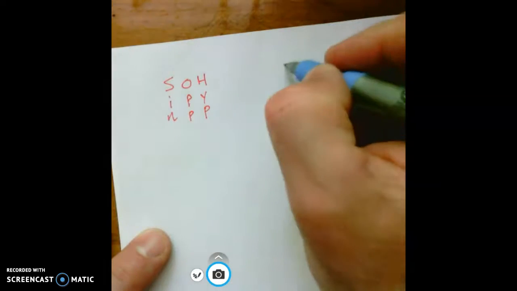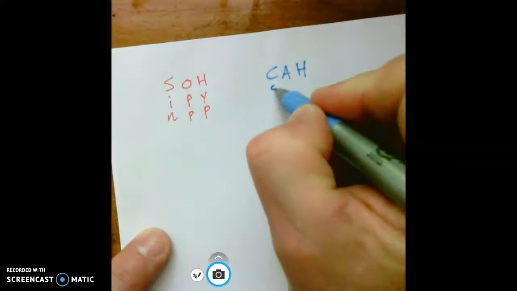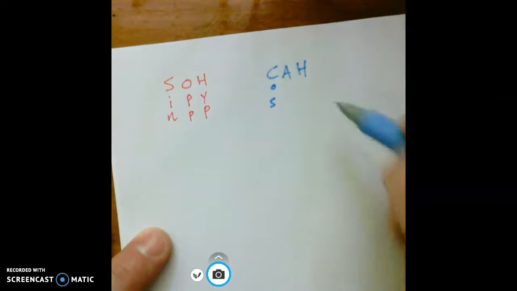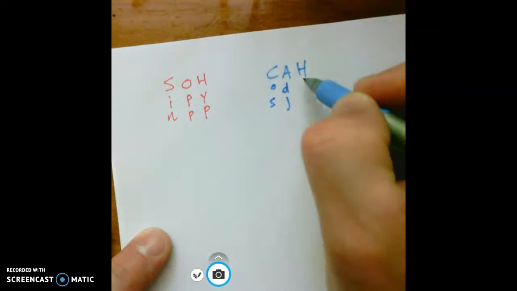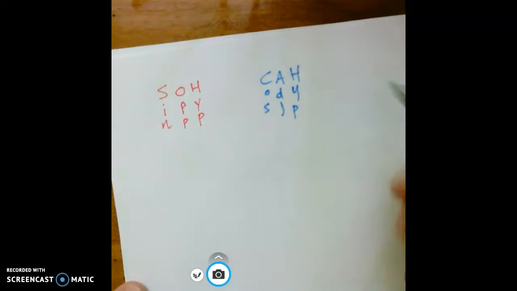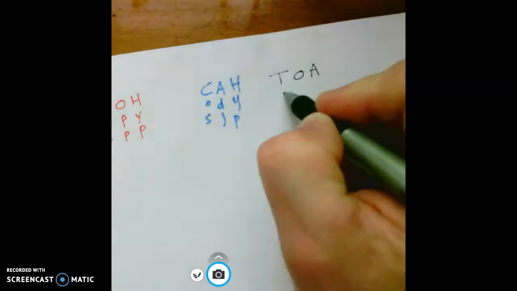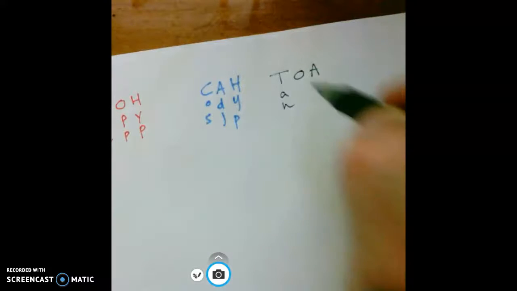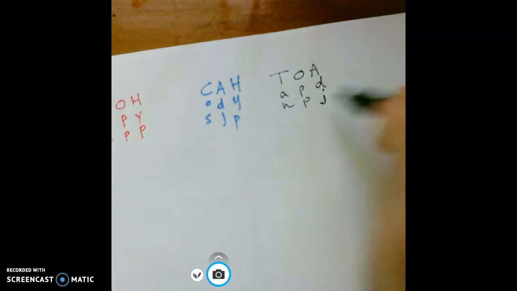The CAH part is for the cosine ratio, and we take the adjacent side, which means the side next to it, and we divide that by the hypotenuse. All right? And the TOA part is we take the tangent ratio, which means we take the opposite side and divide it by the adjacent side.